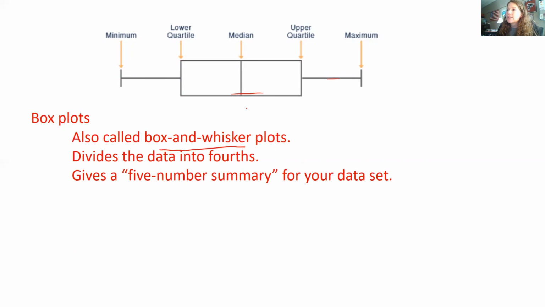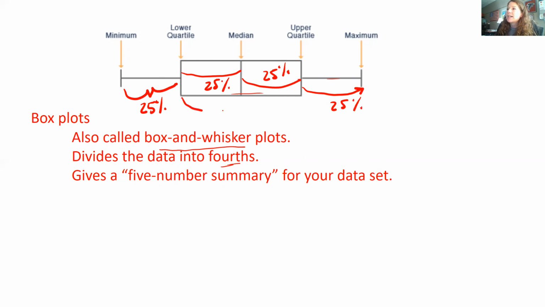Okay, so what a box and whisker plot does is it takes your data and it divides it into fourths. So from the minimum value to the lower quartile, this represents 25% of your data. From the lower quartile to the median, that represents 25% of your data. From this section to this section, that represents 25% of your data. And from your upper quartile to your maximum number, that represents the highest 25% of your data.